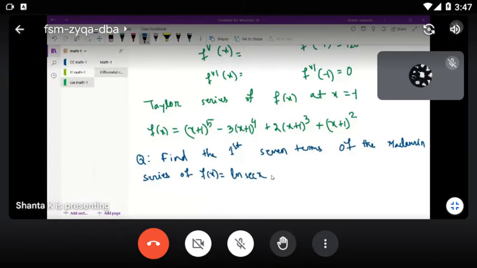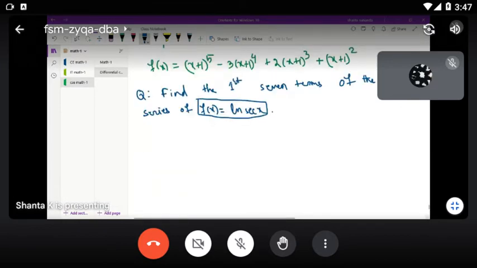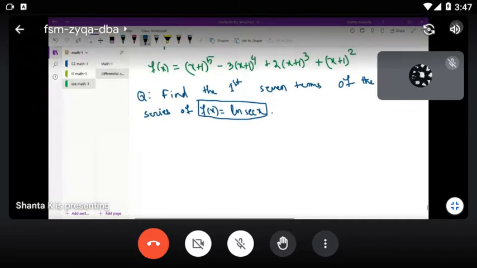Here you have the compound function ln sec x. So let's try the Maclaurin series. Just have the idea. You can have this polynomial function, you can have these compound functions.